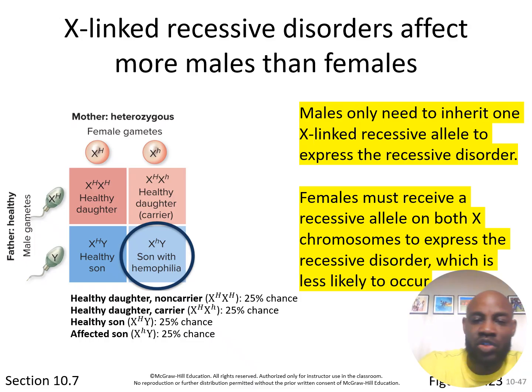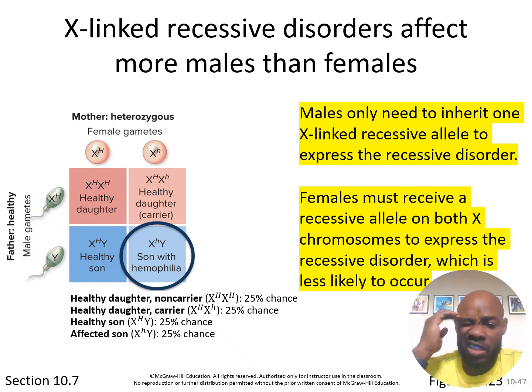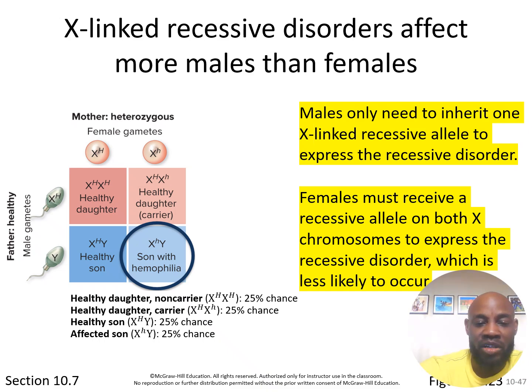X-linked recessive disorders affect more males than females, right? Males only need to inherit one X-linked recessive allele to express the recessive disorder. Females must receive both of the recessive alleles.